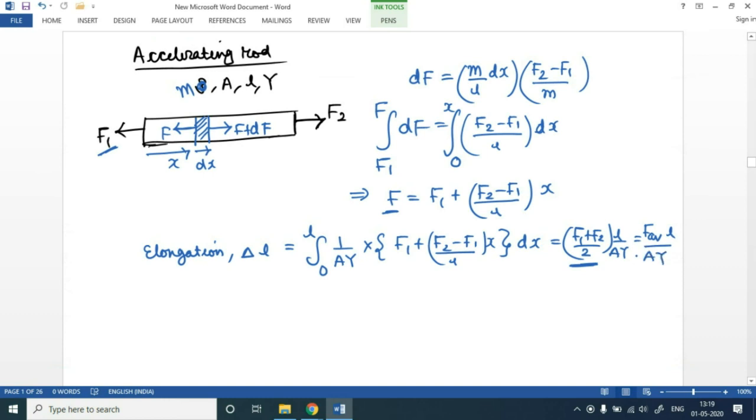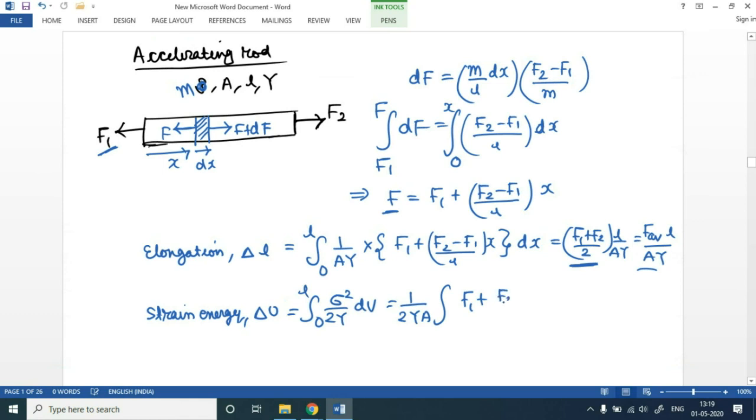Okay, so this is the elongation, and similarly you can find out the strain energy also. By this time you might have got comfortable with that. You already know the formula, no? It is the integral from 0 to L of sigma square upon 2Y into dV, and you just have to put the value of sigma as F upon A. After substituting everything, you will get 1 by 2YA, and in this you will have (f1 plus (f2 minus f1) upon L into x) whole square into dx.